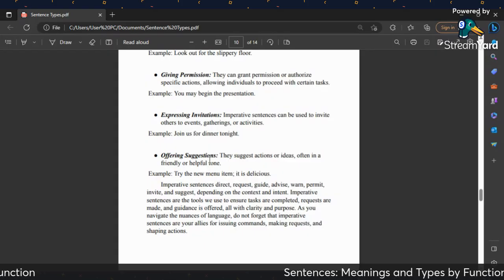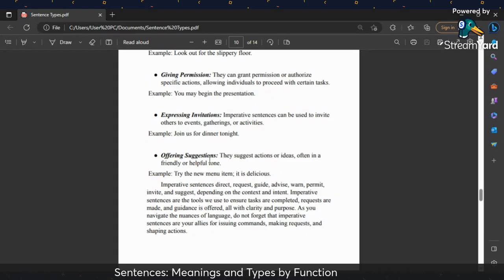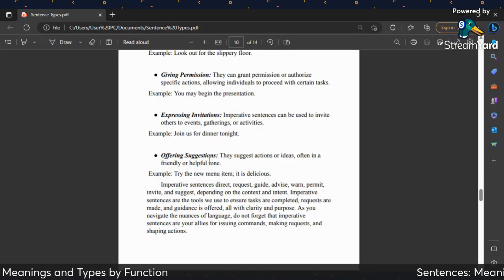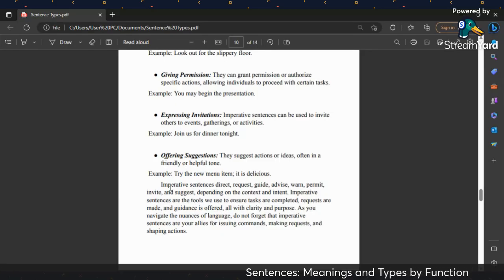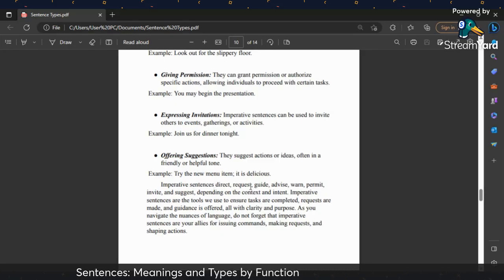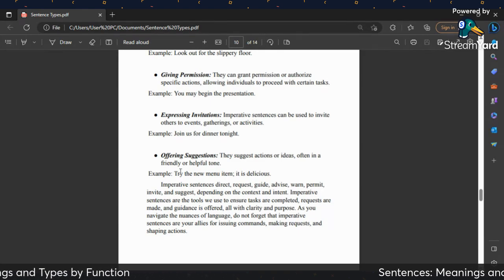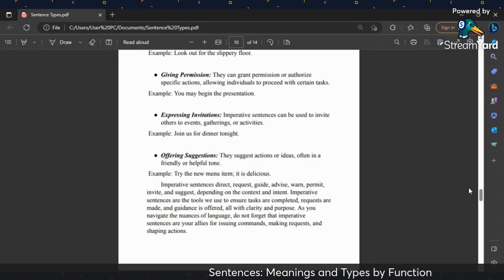They help us to suggest ideas or actions, often in a friendly or helpful tone, depending on what you're trying to project. In essence, imperative sentences help us to direct, request, guide, advise, warn, permit, invite, and suggest, depending on the intention and the context of our conversation.